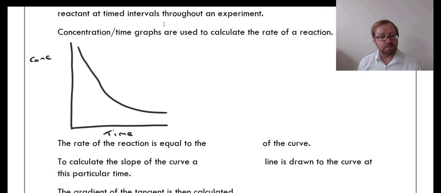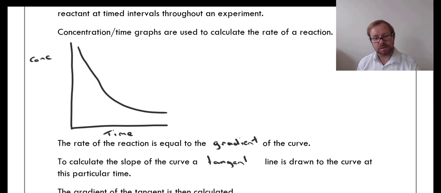So if we carry on with this, and then we'll move back to this graph. The rate of reaction is equal to the gradient of the curve. To calculate the slope of the curve, a tangent line is drawn to the curve at this particular time. So you may notice that obviously this is a curved line.